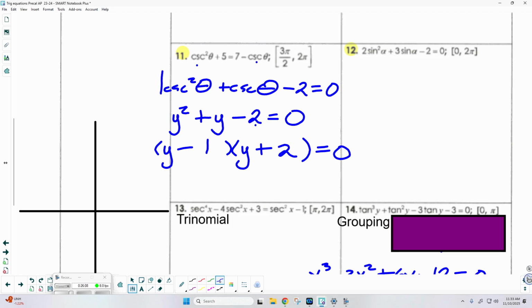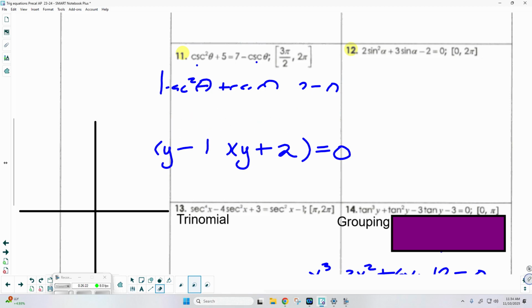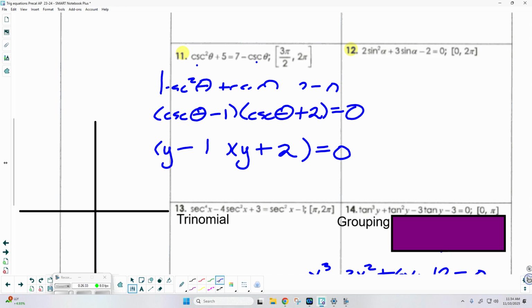Now, see, you've already factored stuff like that before. The only difference now is that instead of that variable, we're using cosecant. So instead of y minus 1, I'm going to go ahead and say cosecant of theta minus 1. Y plus 2 is cosecant of theta plus 2. There we go.